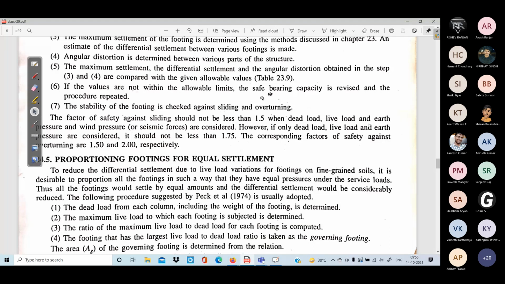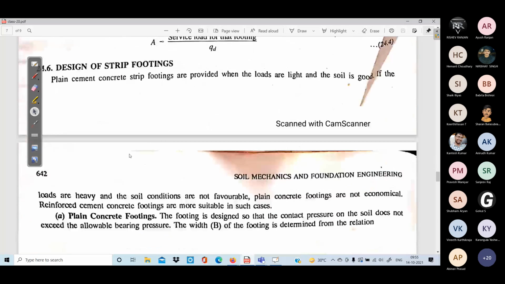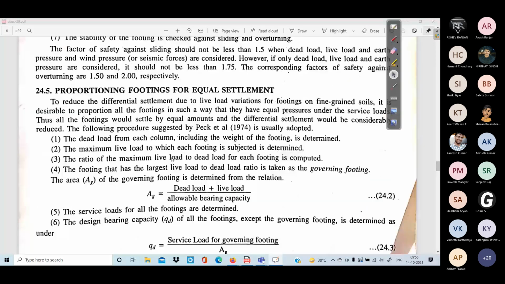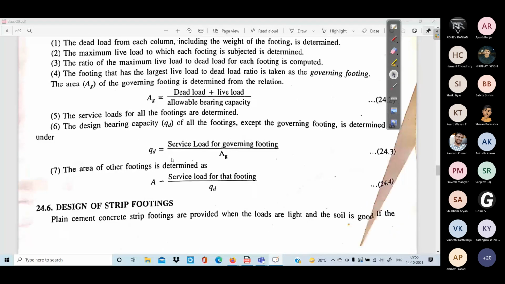However, if only dead load, live load and earth pressure are considered, it should not be less than 1.75. The corresponding factors for overturning are 1.5 and 2 respectively. So what we'll do is we will do this proportioning. Okay.